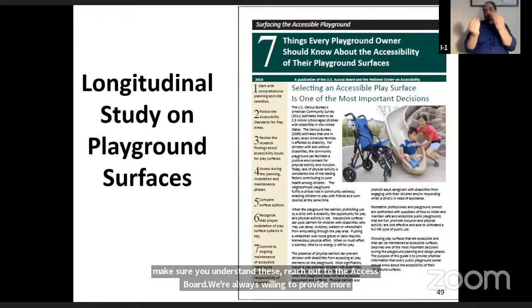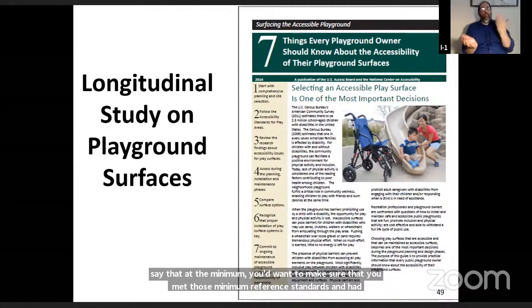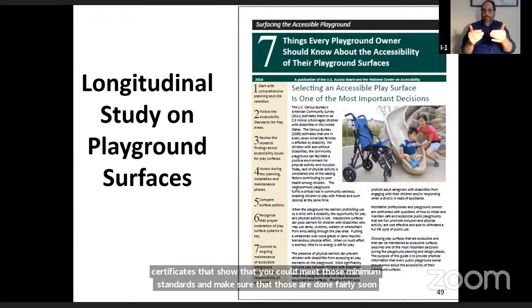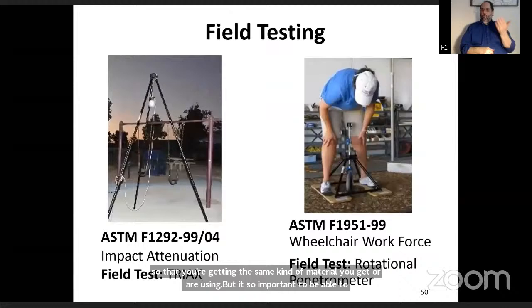But I would say that at the minimum, you'd want to make sure that you met those minimum reference standards and had certificates that show that you could meet those minimum standards, and make sure that those are done fairly soon, so that you're getting the same kind of test on the same kind of material you are using. It's so important to be able to understand what you do have in your play area.